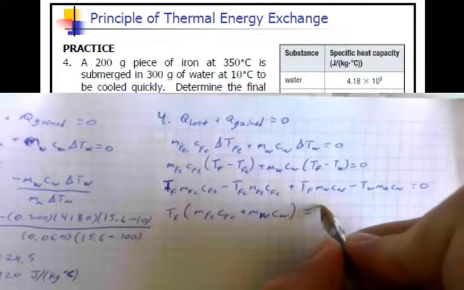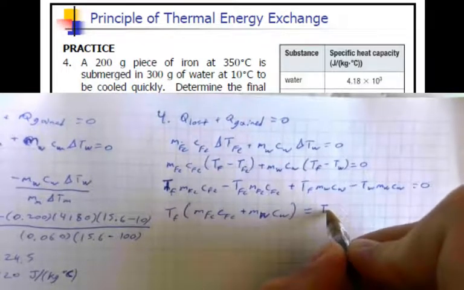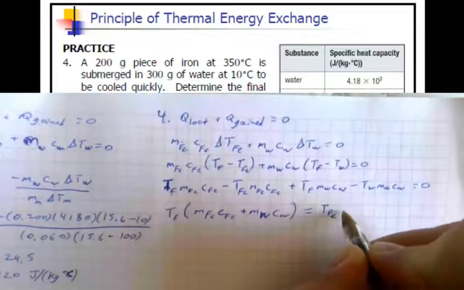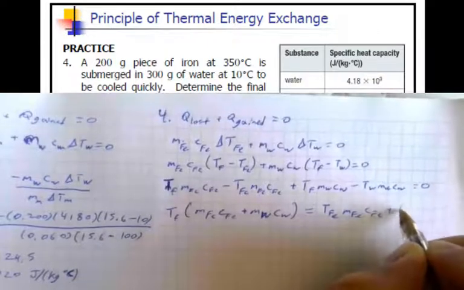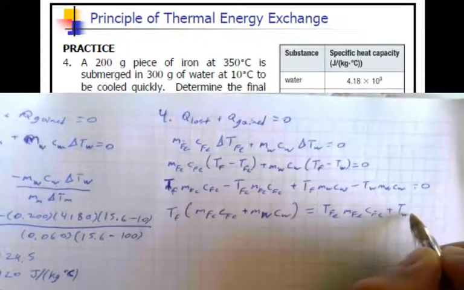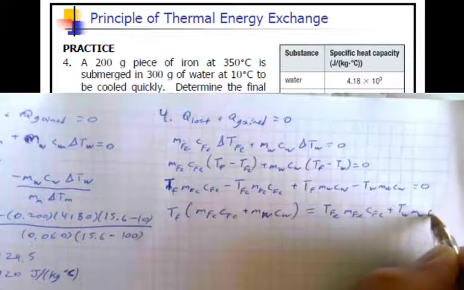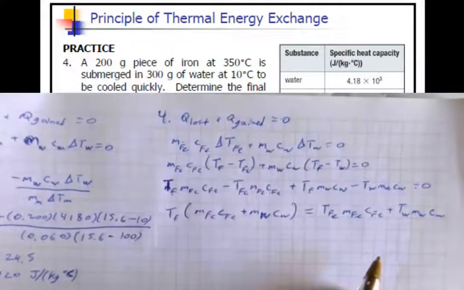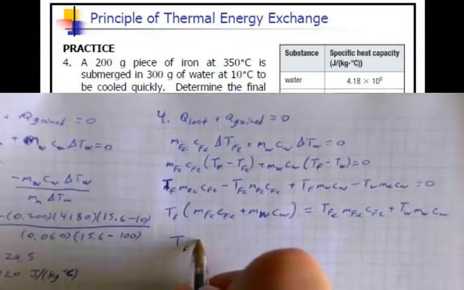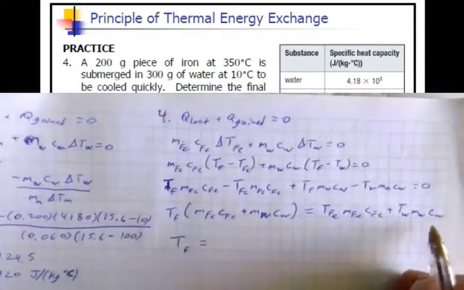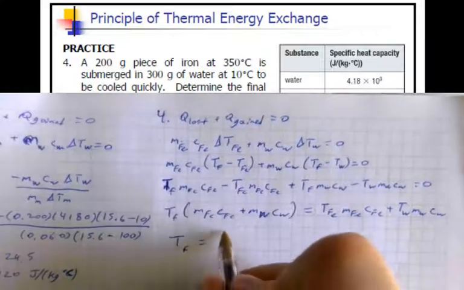And we end up with TFe MFe CFe plus TW MW CW. And then lastly, my TF is everything here divided by that sum there.